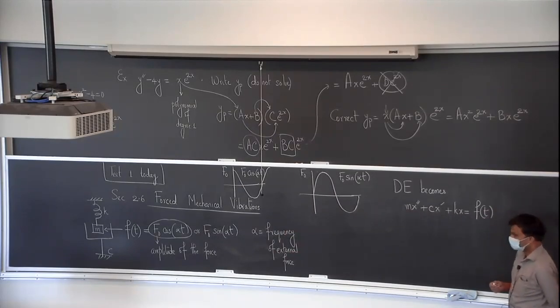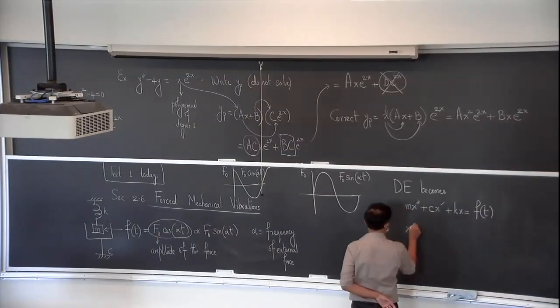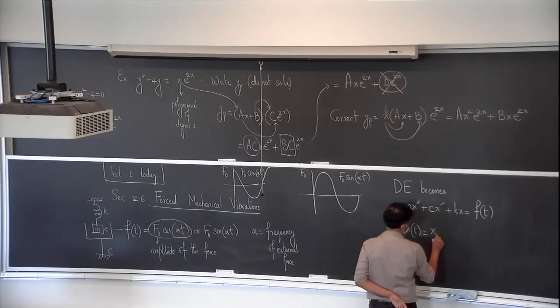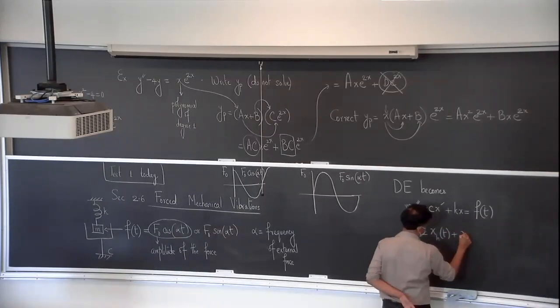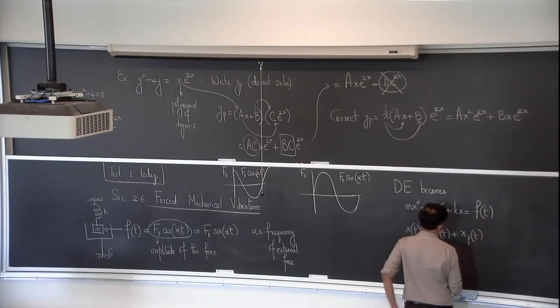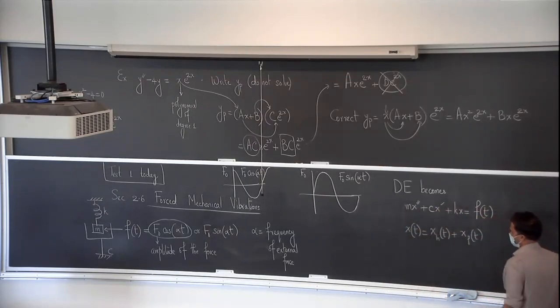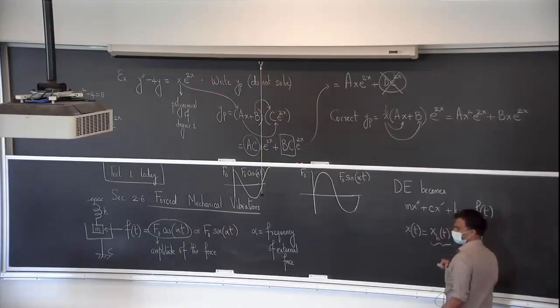And you know what to do, right? So your solution x of t would be the homogeneous solution x h of t plus the particular solution x p of t. Xh should come from section 2.4 because that's where we did the spring mass dashpot system.